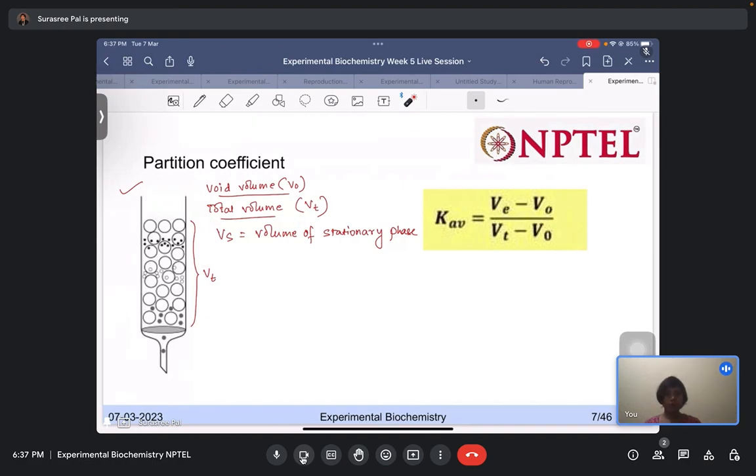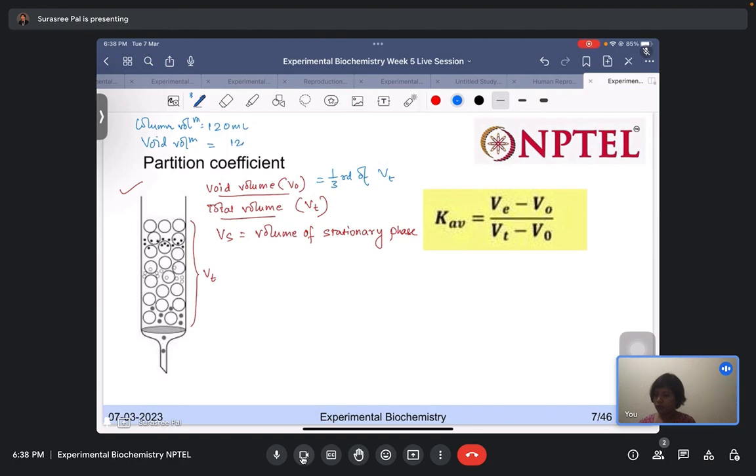And then the final or the full volume of the column is the total volume. There is a rule which states that void volume is actually 1/3 of total volume, or VT, right? So void volume is 1/3 of total volume. So suppose your column volume is 120 ml. What will be your void volume?